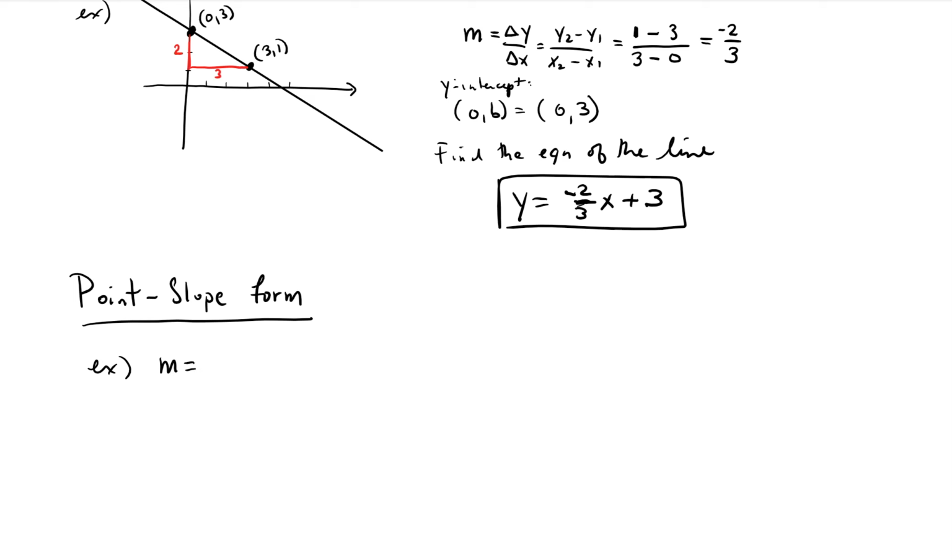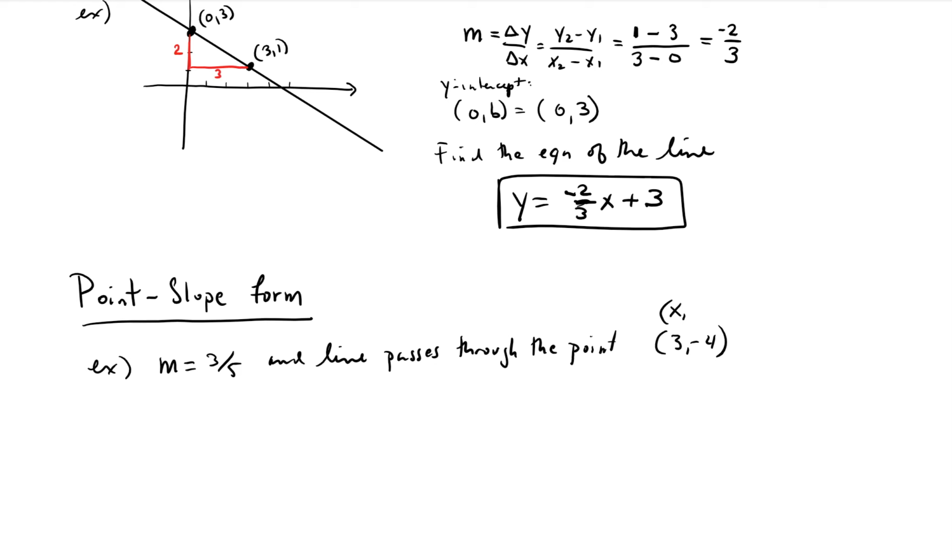Suppose the slope is 3/5, and the line passes through the point (3, -4). Now this point, its value is fixed, right?